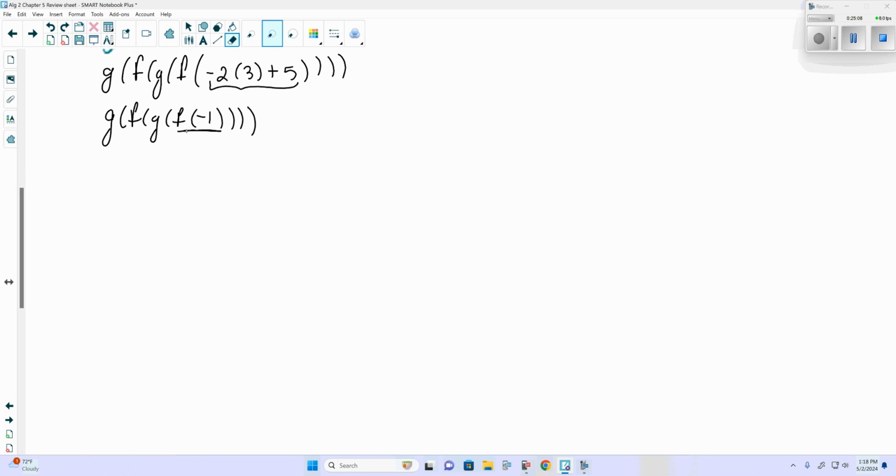Now at this point here, we're going to take f of negative 1. Now for our f of x, it's 7 times x, so now it's going to be 7 times negative 1 minus 2.